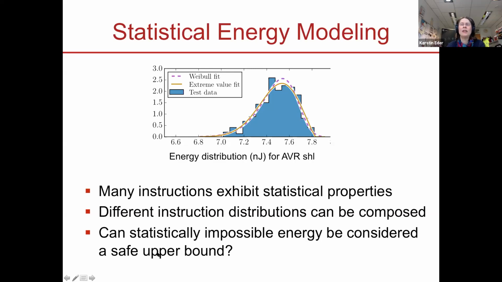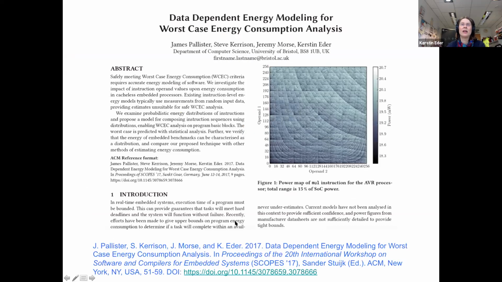If you would like to read more about this, I recommend this paper, where we went to town on this and investigated what it means to strive for the worst case, to find the data that causes the worst case, to try and fit different distributions and make any sense of the data that we got.